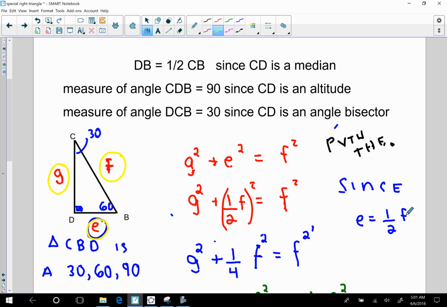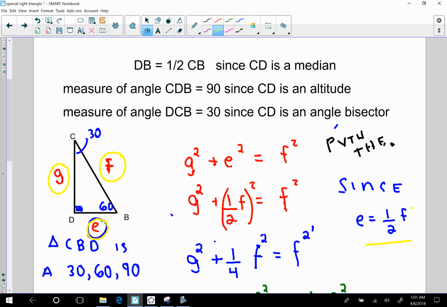E is equal to 1/2 of F because of properties of this 30, 60, 90. DB is 1/2 of CB, therefore E is 1/2 of F.